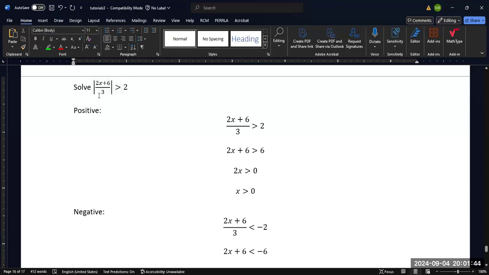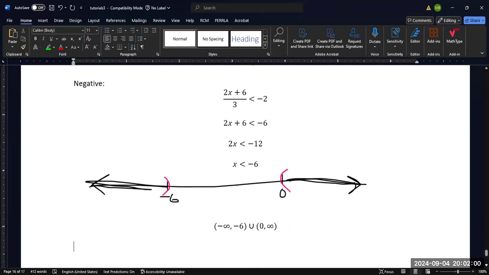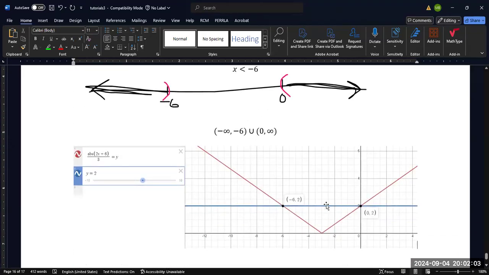For the graph, I pulled the 3 out of the absolute value because it's not being affected by changing signs. And then also graph the right side of the equation, y equals 2, and see where the absolute value is greater than 2. And so when I graph that, I get this.